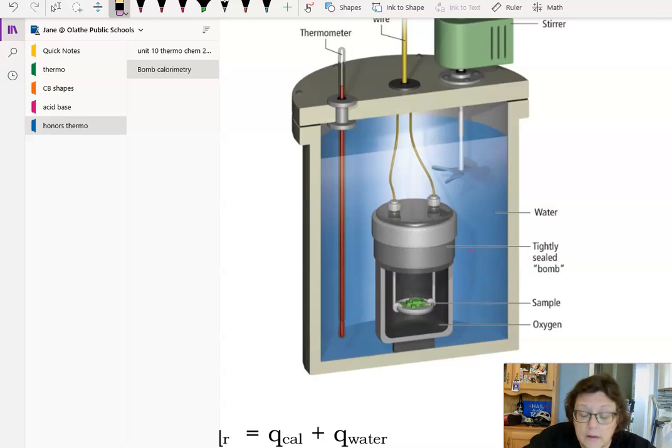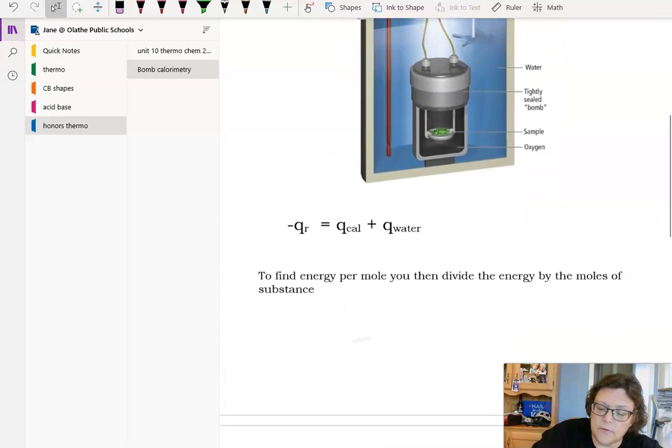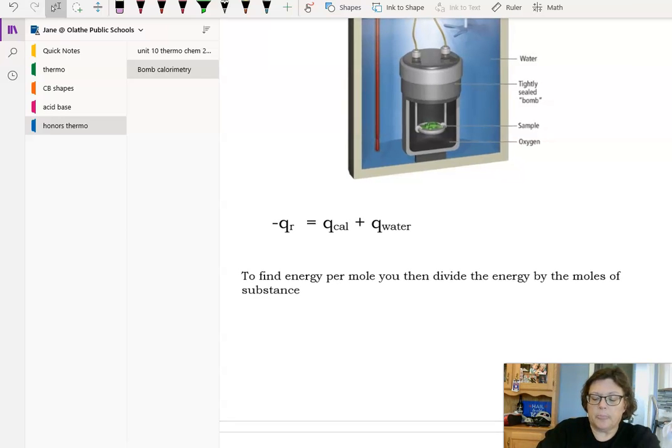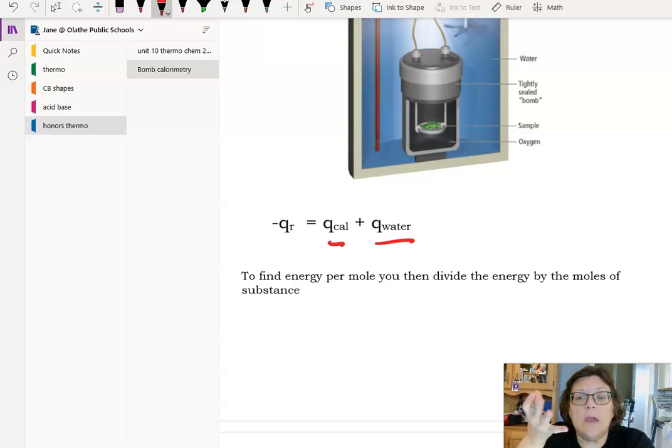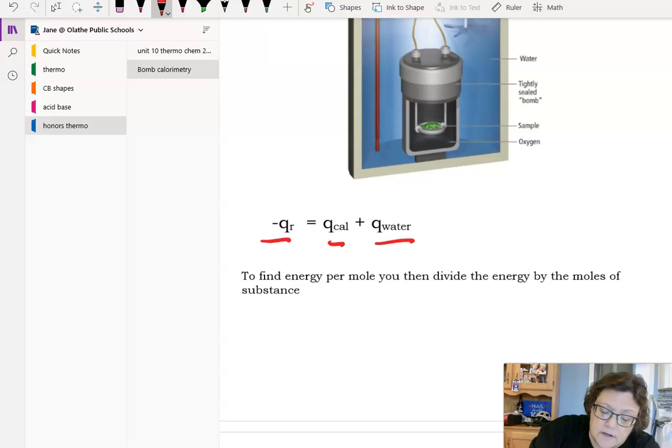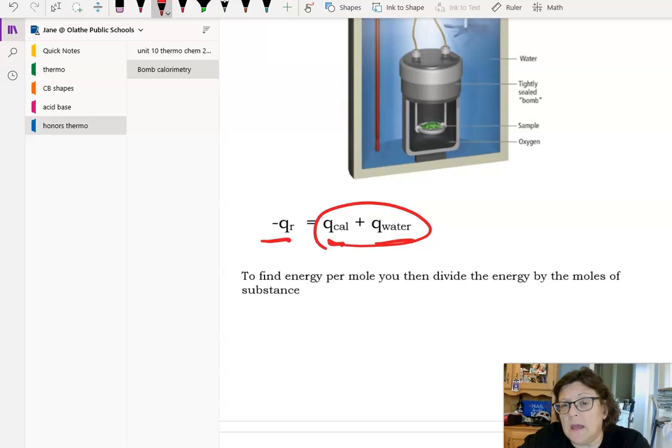So, how does this work? Well, if you have a calorimeter, the heat that the calorimeter gains and the heat that the water gains, when you add those together, those are equal to the energy of the reaction. So your ham sandwich is burning, it gives off energy, so it's going to have a negative sign because it's exothermic, and the calorimeter and water are going to be endothermic, so they're going to have a positive sign.